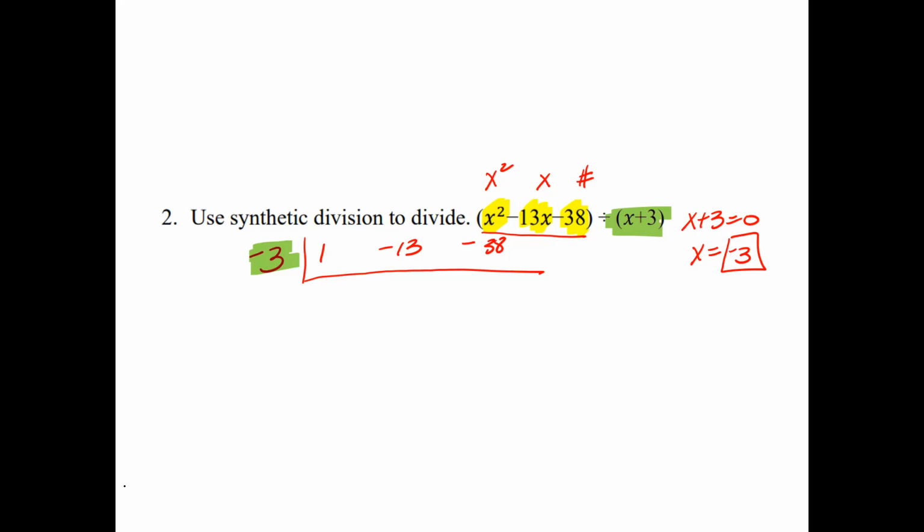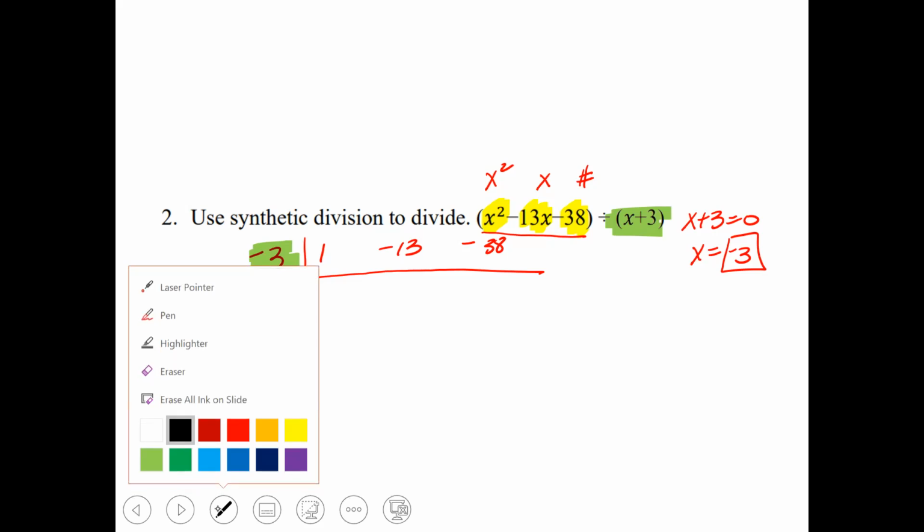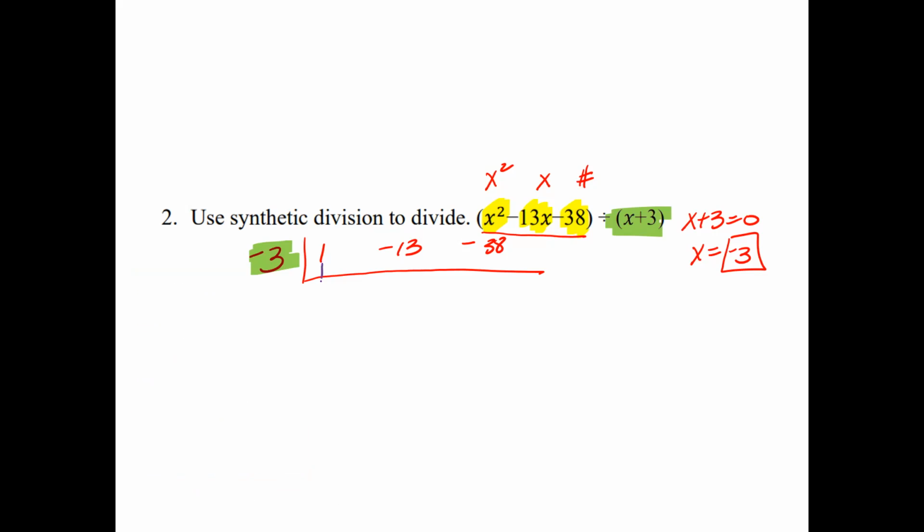All right, you guys, let's go and take a look at this. So with synthetic division, I'm going to go ahead and bring down my 1, okay, and then I'm going to multiply it. So -3 times 1 is going to give me a -3. And then remember, you don't subtract it, you add it.